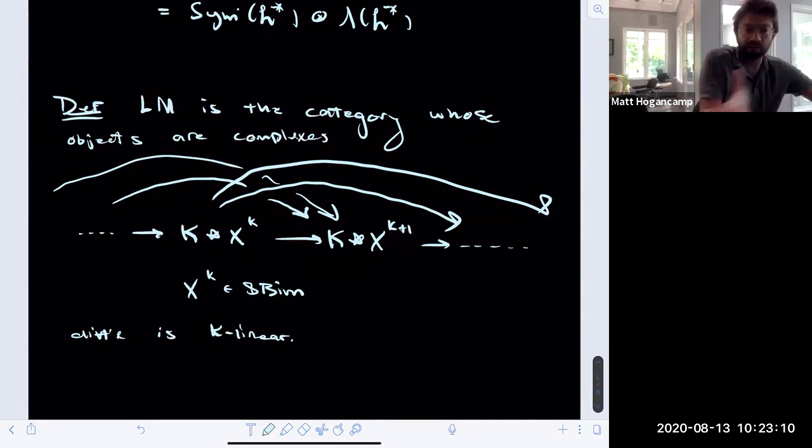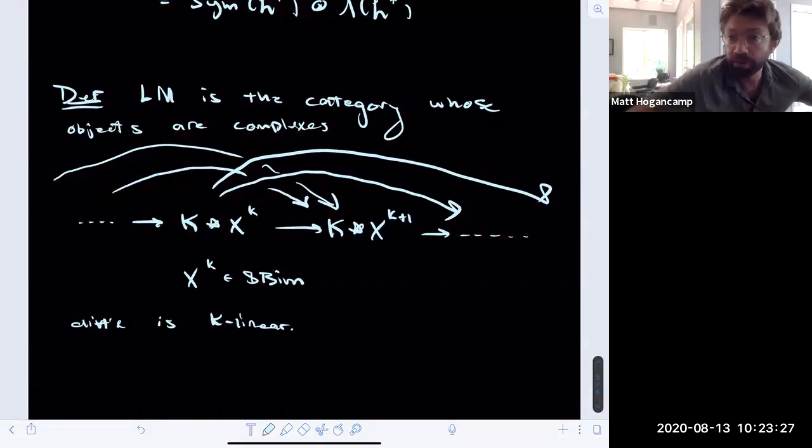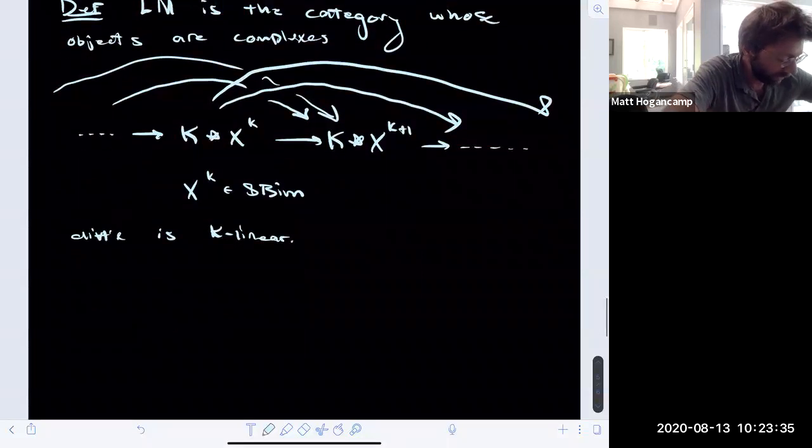Everything in sight has an action of K on the left by construction, and we require all of our morphisms to be not only bilinear with respect to the R action, but also linear with respect to the K action. I think probably an example will clear up any potential questions, so I'll state an example and then we'll have our break.